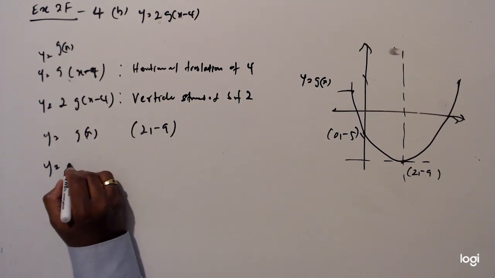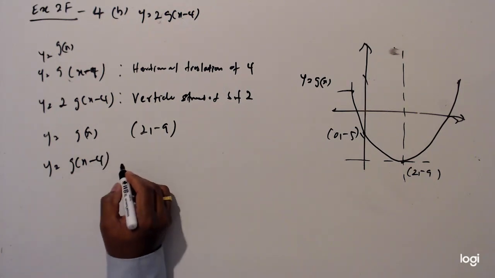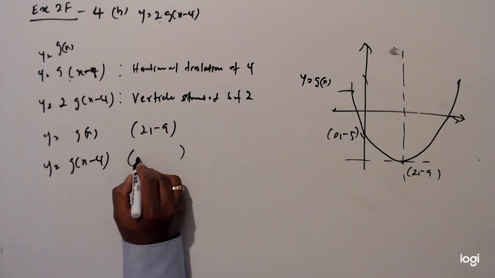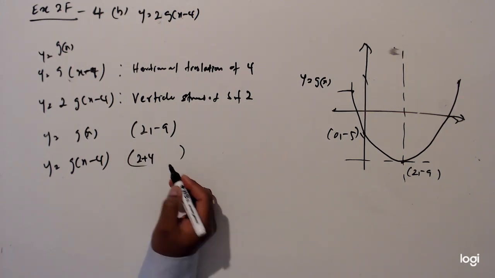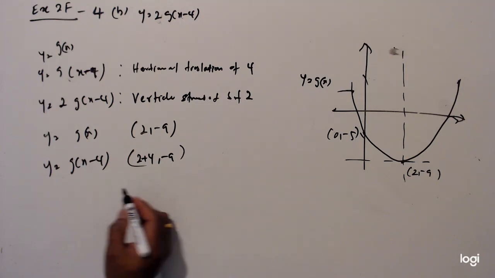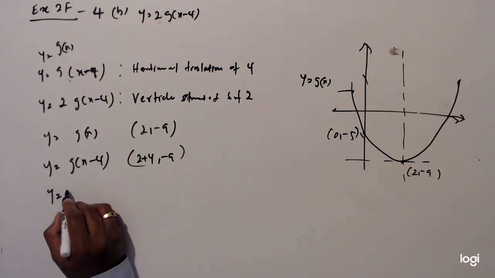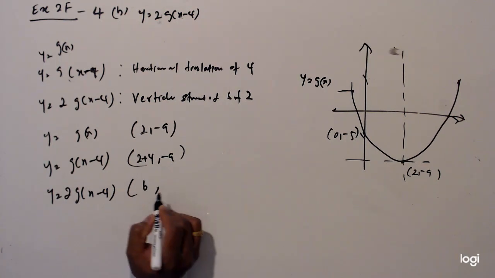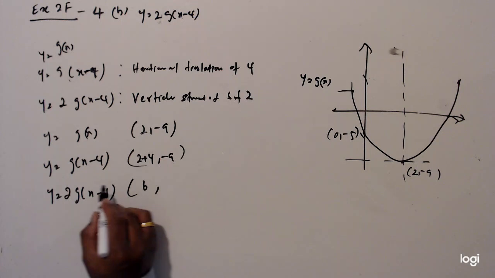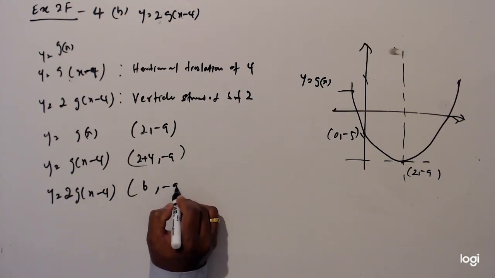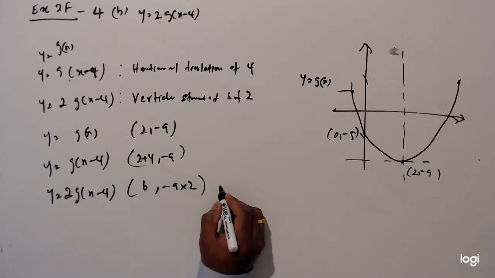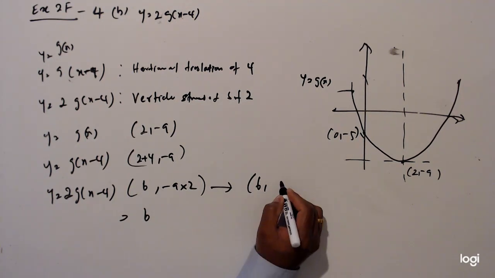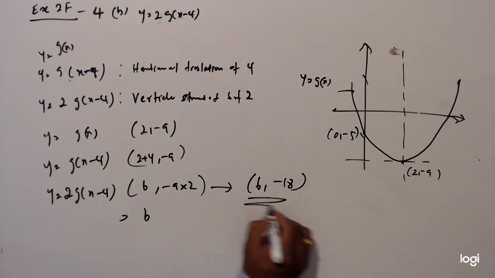So y = g(x - 4) means the effect is on the x value. So 2 plus 4, and -9 stays the same. Then y = 2g(x - 4). So this is 2 plus 4, 6. And the y value will get doubled, so this is going to be -18. So the coordinate is going to be (6, -18).